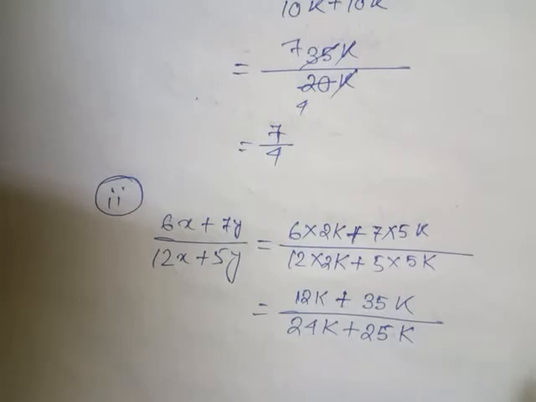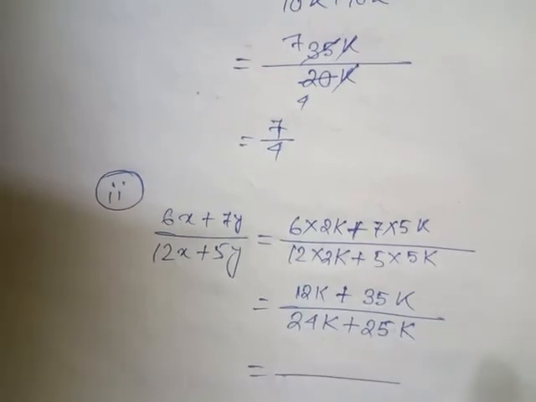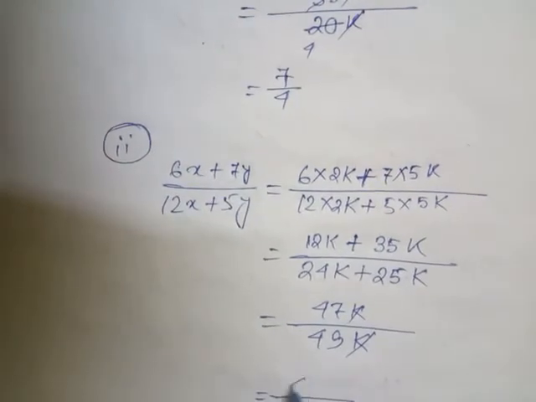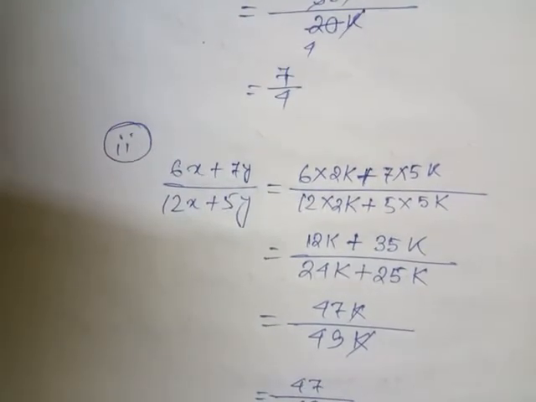Now look, students, after that, 47k and 49k. If we go for the cancellation of k and k, the answer is 47 by 49. This is the answer of part 2.